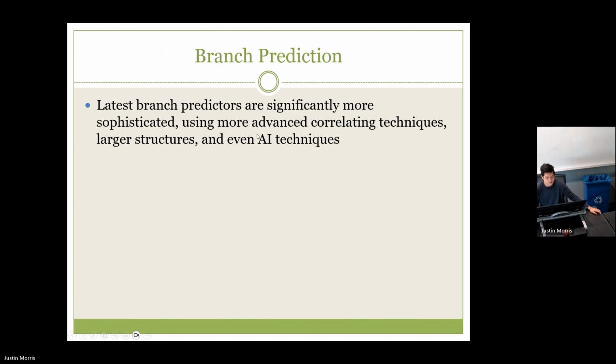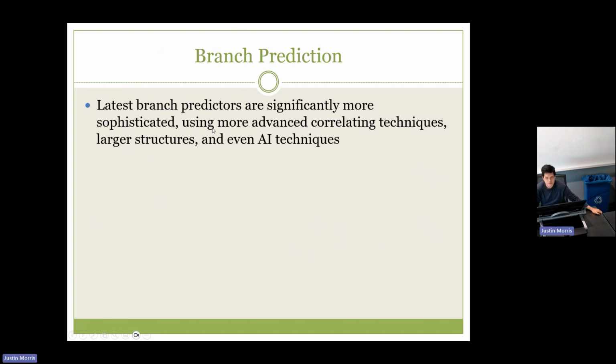So one of the simpler ones that you can start with is G-share. G-share is just going to correlate other branches together, because this branch might be dependent on this branch. Like if I take this one, maybe this one is going to be for sure not taken. So just as a hint for whoever's doing the branch prediction.